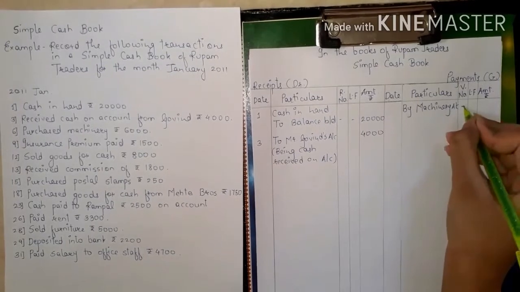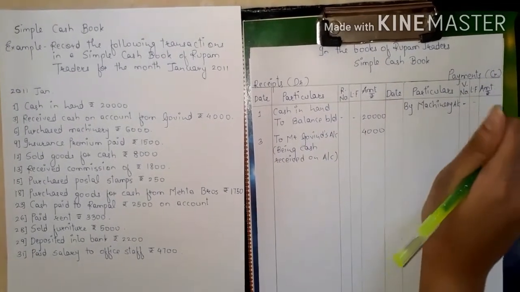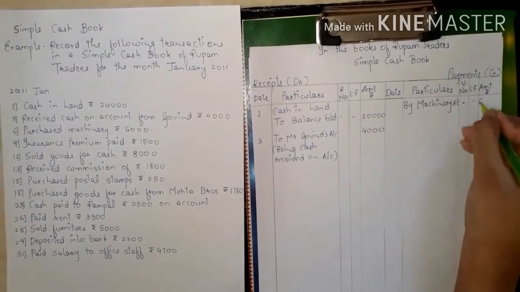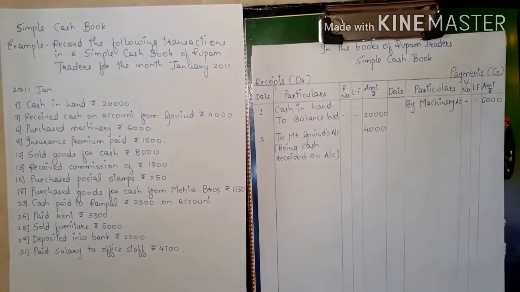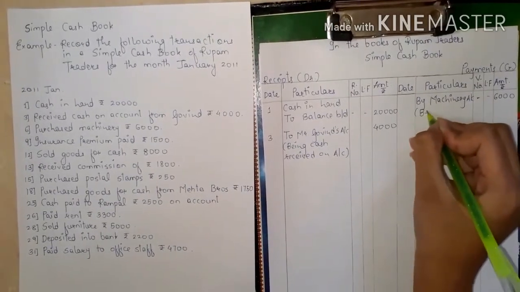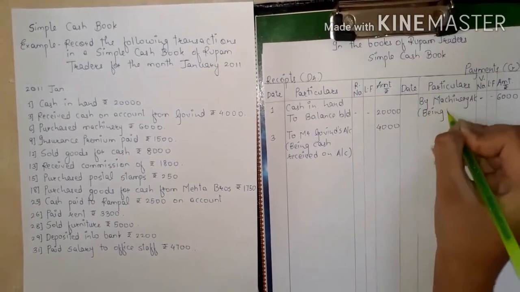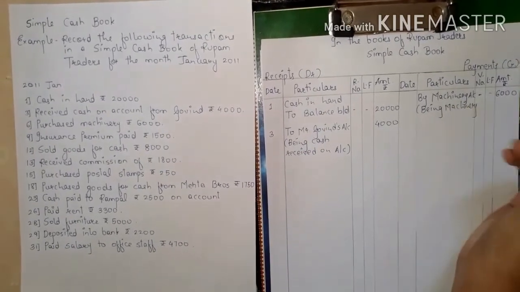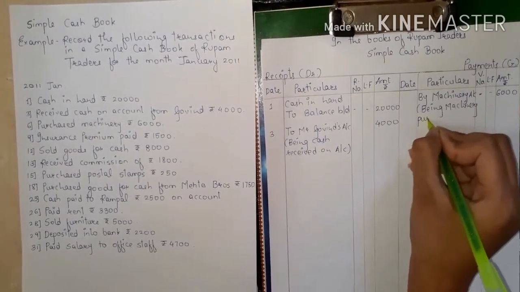So we will give here a dash sign because nothing is given. Amount rupees 6,000. Now narration for this, being machinery purchased. Very simple narration, no need to complicate it. Being machinery purchased.